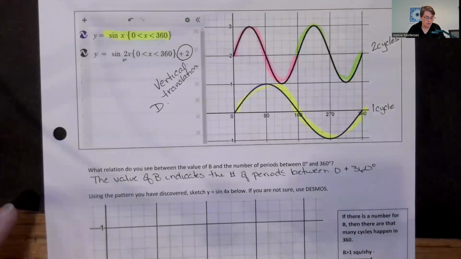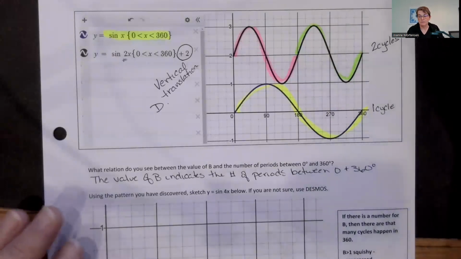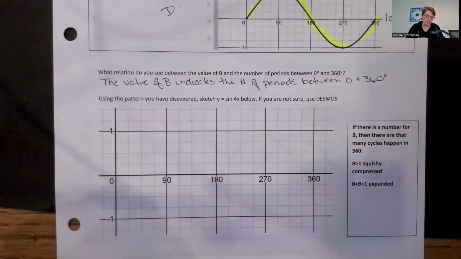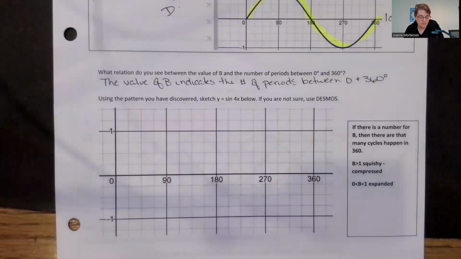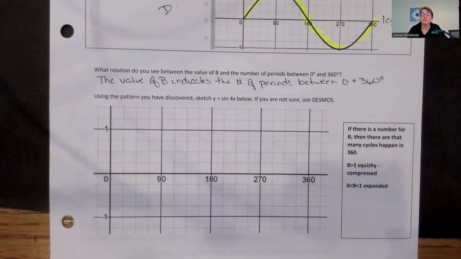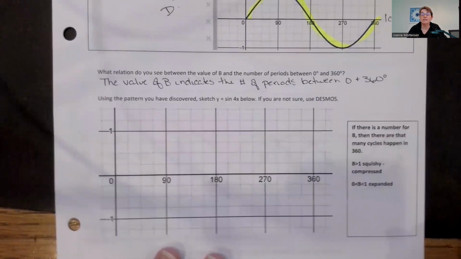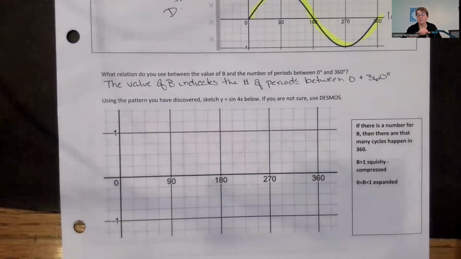All right. Using the pattern we have discovered, sketch y is equal to sine 4x. Okay. So what I need you to do is pause it and give it a shot. Perhaps try it with a pencil.